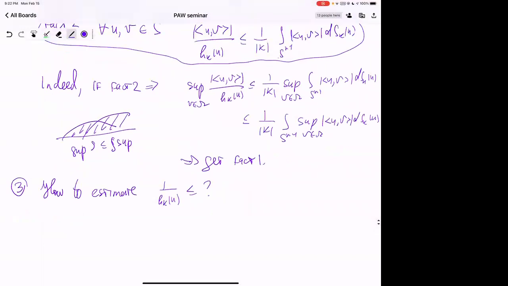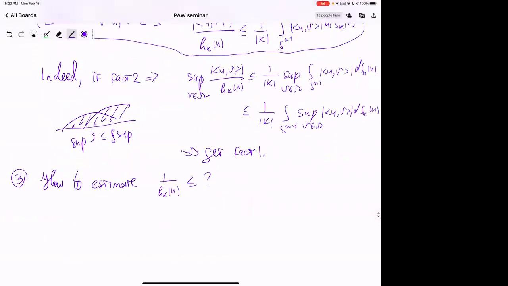So here is a way to do that. Let us recall Fubini's theorem. Nothing, no rocket science. The volume of K can be written as an integral of its sections. Imagine here's our K.